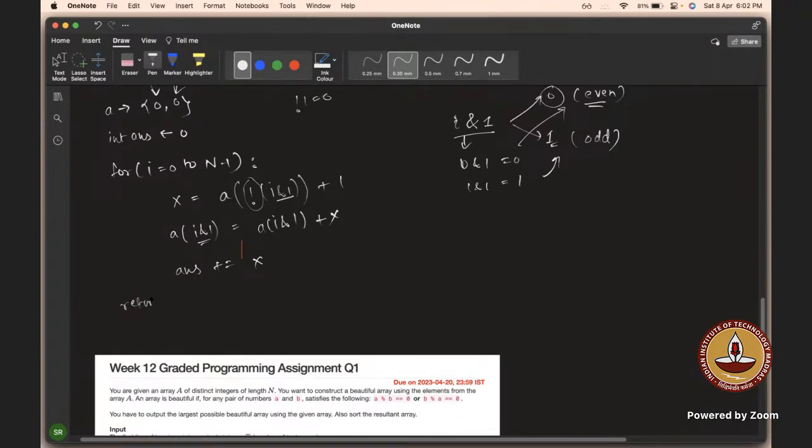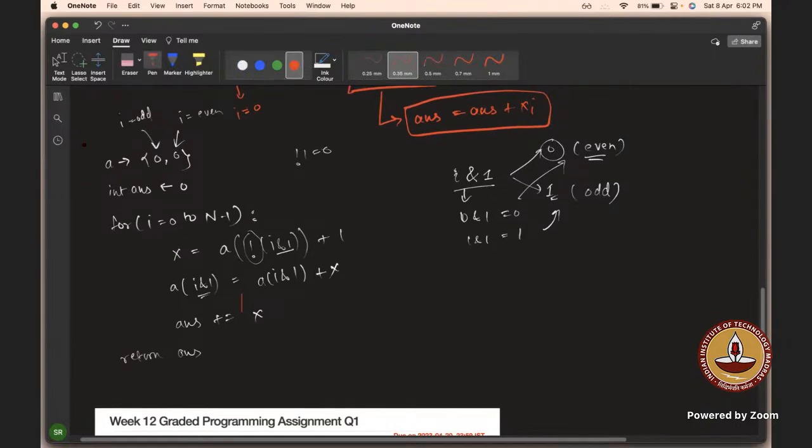And then finally just return the answer. So this is what our pseudocode would look like, right? I hope it's pretty clear at this point. If any doubt, please let me know in the chat box.